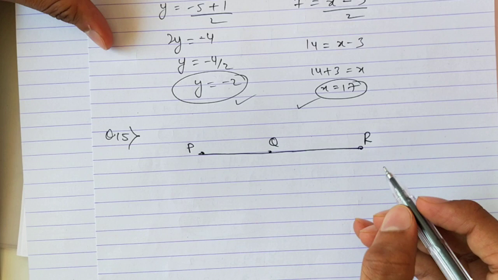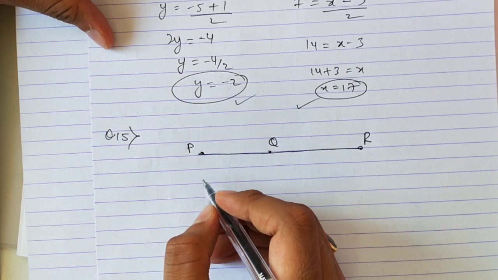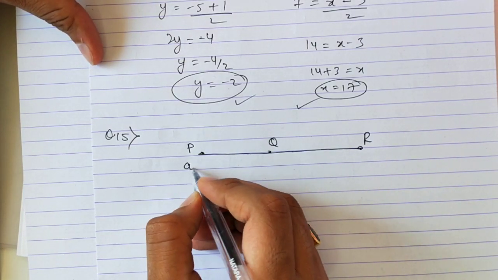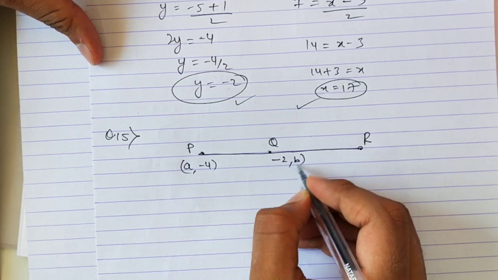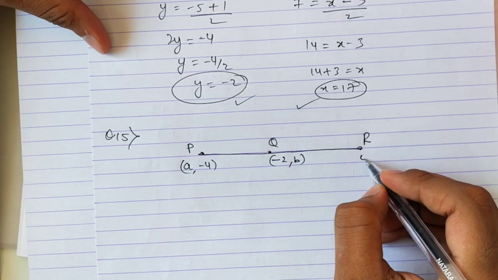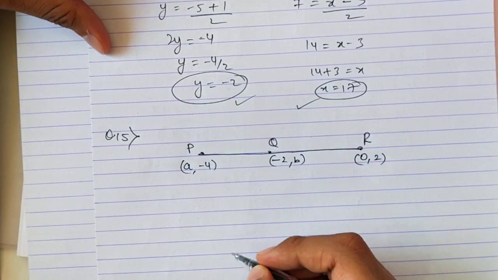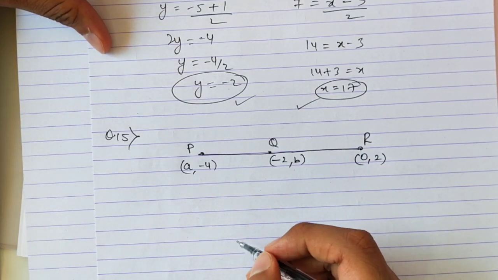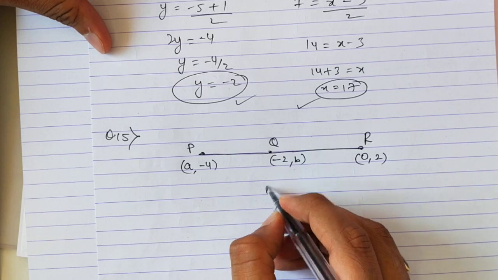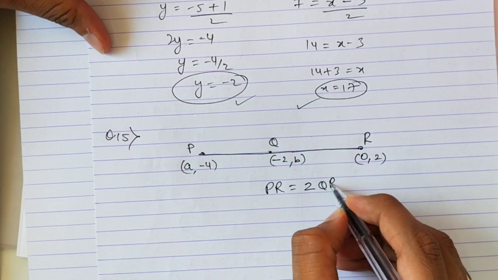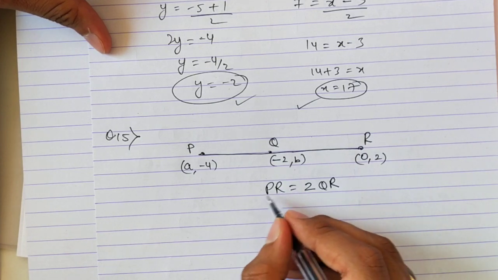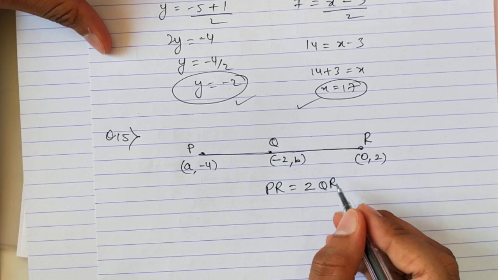Okay, PQR, and P is given as a comma minus 4, Q is minus 2 comma B, R is 0 comma 2. And they have said PR is equals to 2QR. PR is equals to 2QR.